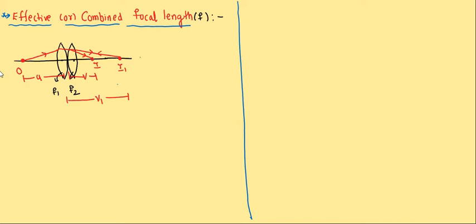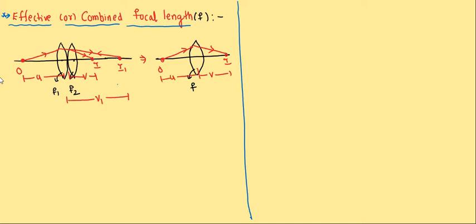If we consider these two lenses as a single lens whose focal length is f, this f we consider as the combined focal length. O is an object and it forms an image I. The final image distance is V, and the initial object distance is u.